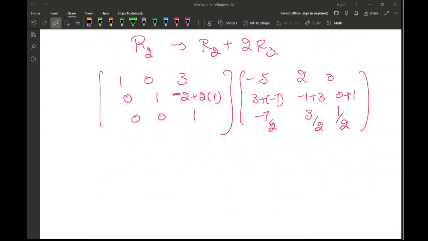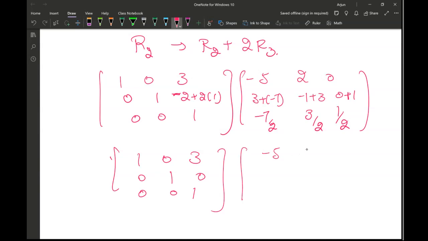And now I'm just going to simplify this one. 1 0 3, 0 1 0, 0 0 1, and this is as it is minus 5 2 0, and minus 4 2 1, minus 7 over 2, 3 over 2, 1 over 2.